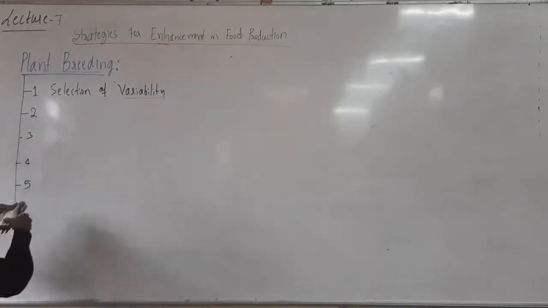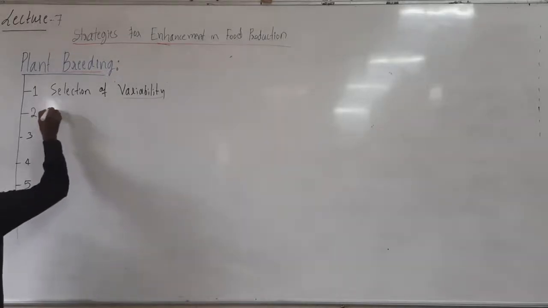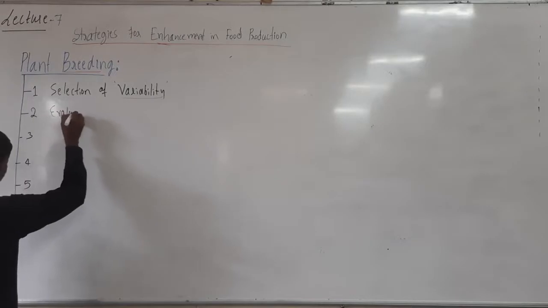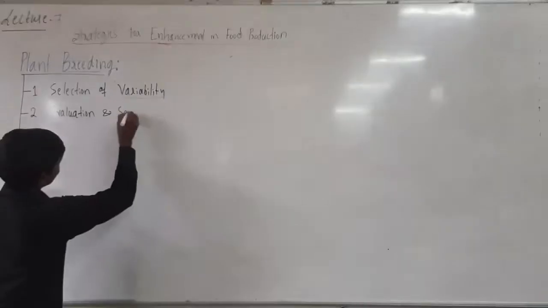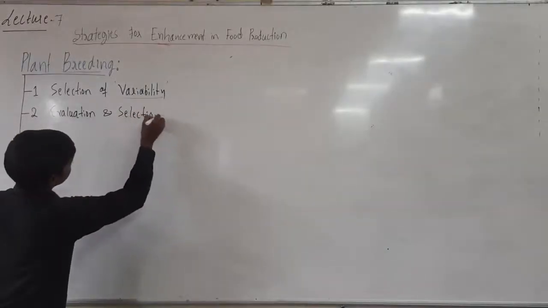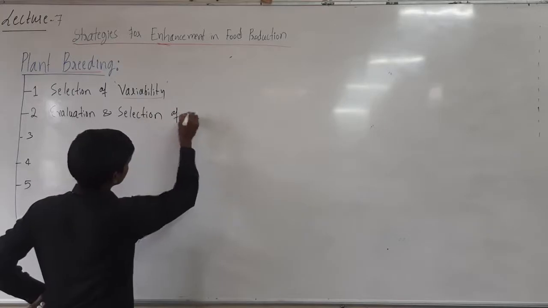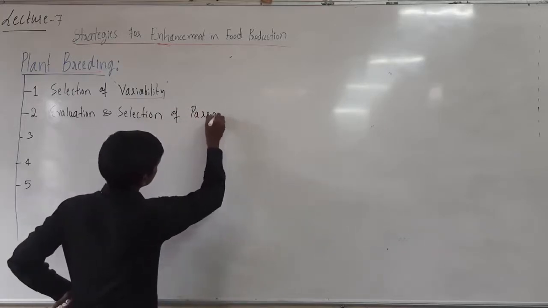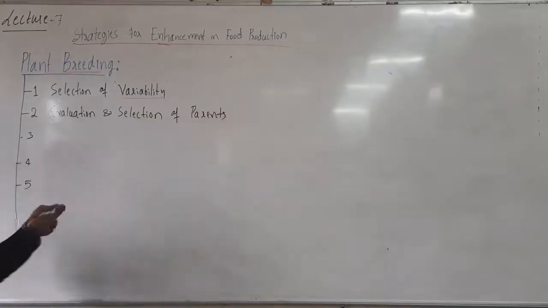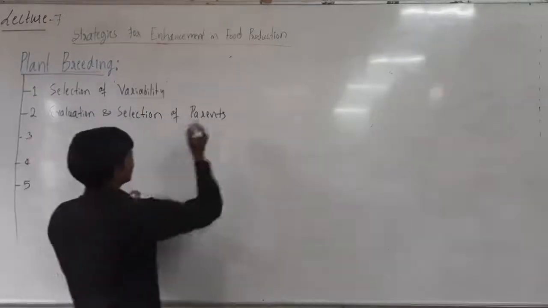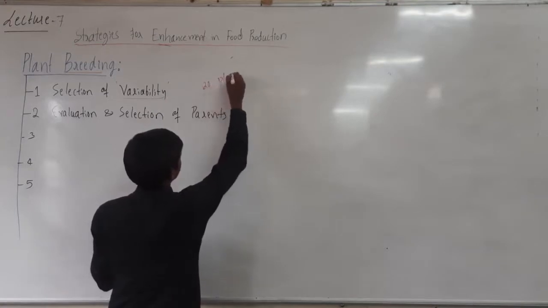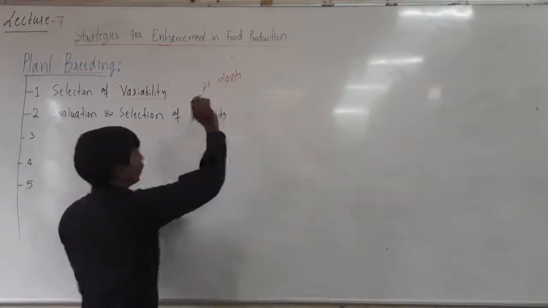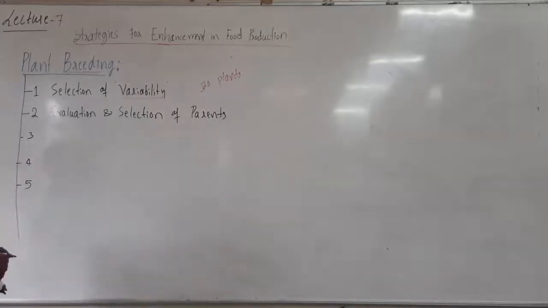Okay. Second step is evaluation and selection of parents. Imagine in the first step you have collected about 120 plants. You have collected 120 plants belonging to the same species.